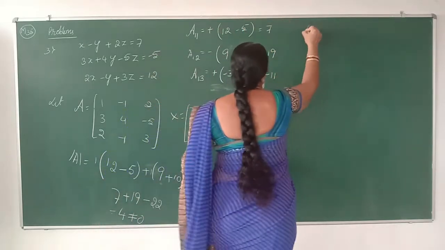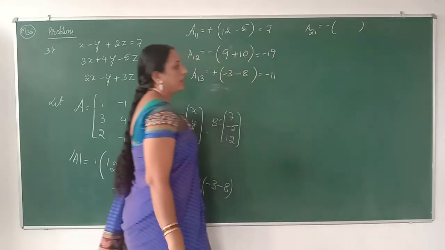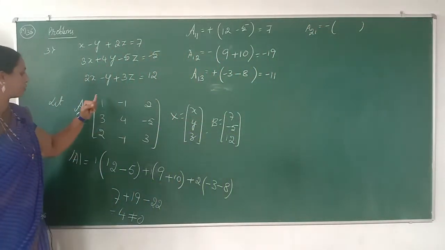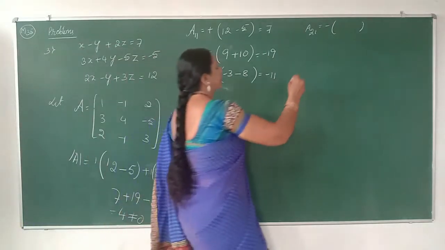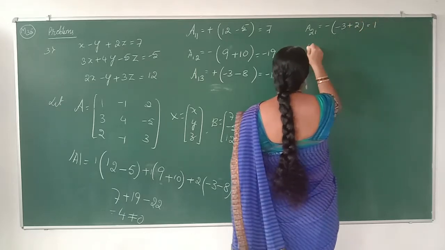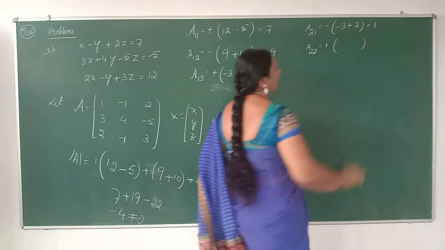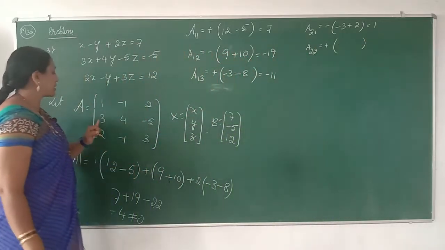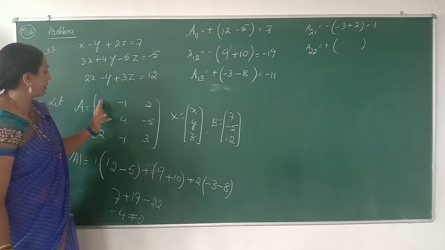Next we'll do A21. A21 is multiplied by minus, and it's an element of second row, first column. That is minus 3 plus 2. Minus 3 plus 2 is minus 1. Minus into minus is plus 1. A22 is multiplied by plus, and it's an element of second row, second column. These get neglected.